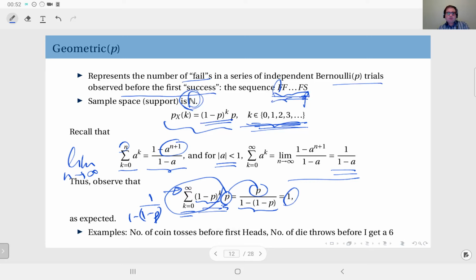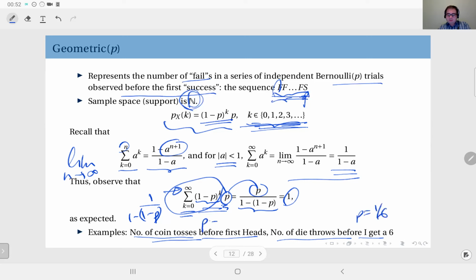So what type of scenarios can we use the geometric distribution to model? For instance, the number of coin tosses before the first heads or before the first tails, it doesn't really matter how you define it. So the number of coin tosses before you see heads, or the number of die throws before I get a 6. Here p will be again 1/6.